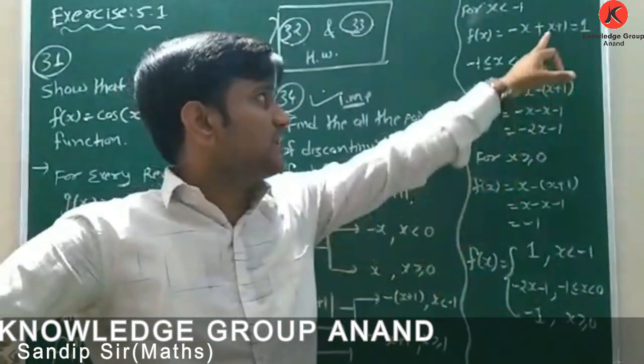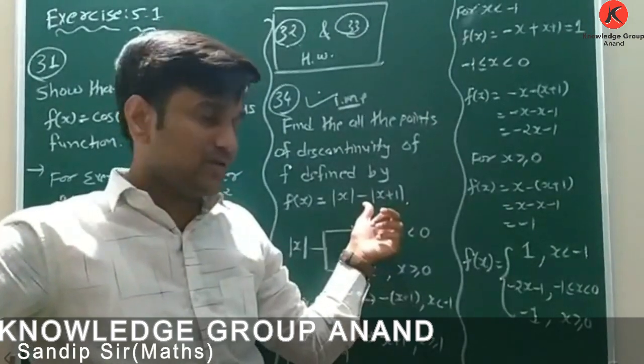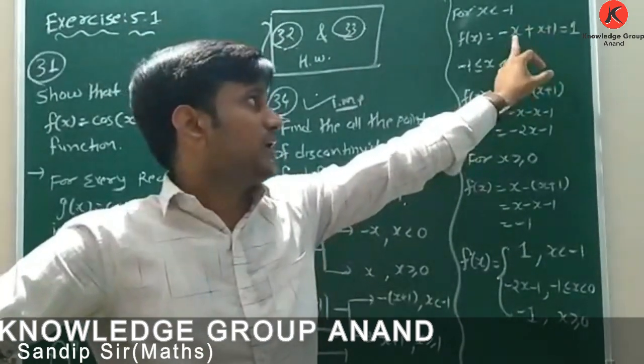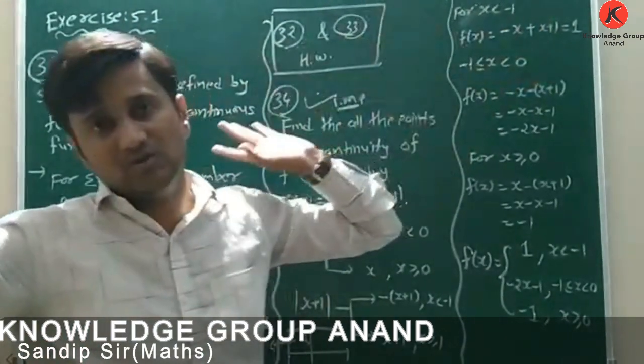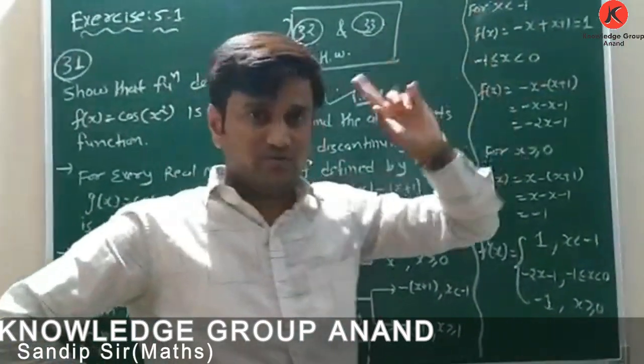Negative of negative is positive, so −x + x + 1; −x plus x cancel, and the answer is 1. For x < −1 it always gives the answer 1.